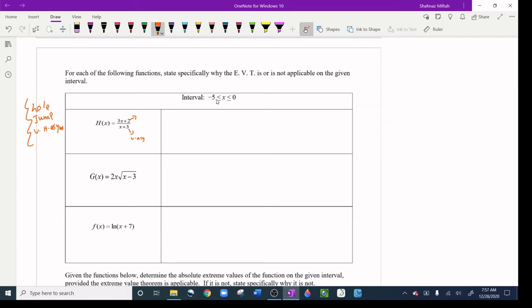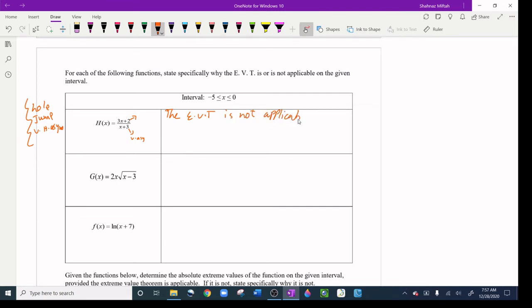Is -3 between -5 and 0? Yes. So the vertical asymptote at -3 is between -5 and 0, so it's not continuous on that interval, so the extreme value theorem doesn't apply. So I'm going to say the EVT is not applicable.